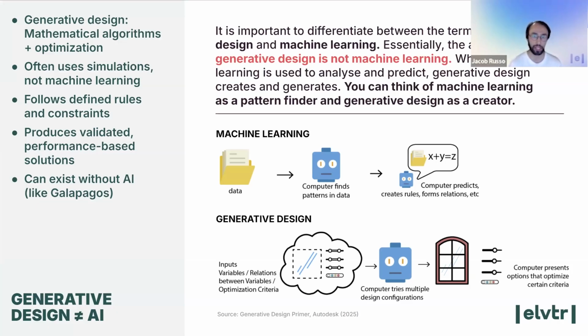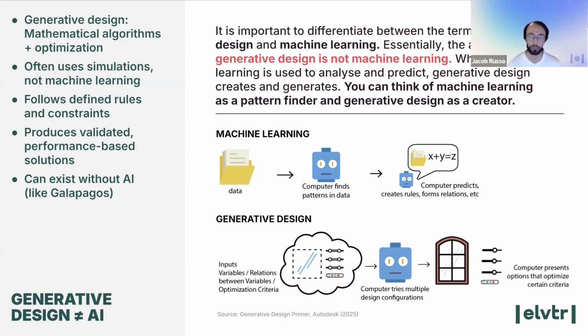But generative design is not equivalent to machine learning, right? While machine learning analyzes and predicts, generative design actually creates and generates. So think of machine learning as a pattern finder and generative design as a creator. Generative design uses mathematical algorithms plus optimization, often using simulations, not machine learning.